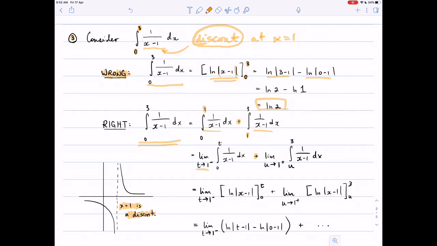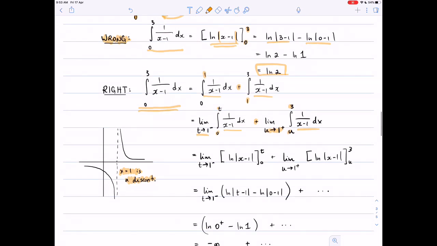I have the limit as t goes to 1 from the left, 0 to t of the same function, and then the limit as u goes to 1 from the right of u to 3 of the same function. So we're going to calculate the antiderivative. The antiderivative above was indeed correct. The ln of the absolute value of x minus 1, this time from 0 to t here, and the same antiderivative from u to 3.